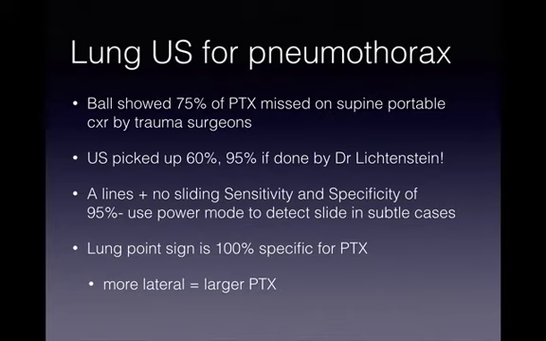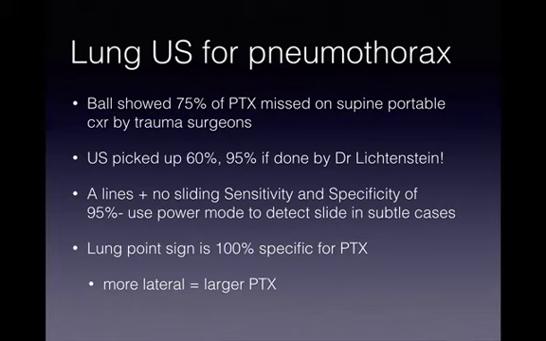So what we're looking for is A lines plus no sliding, which has a sensitivity and specificity of 95% when you're looking for pneumothorax. And you can again use power mode to detect slide in subtle cases.